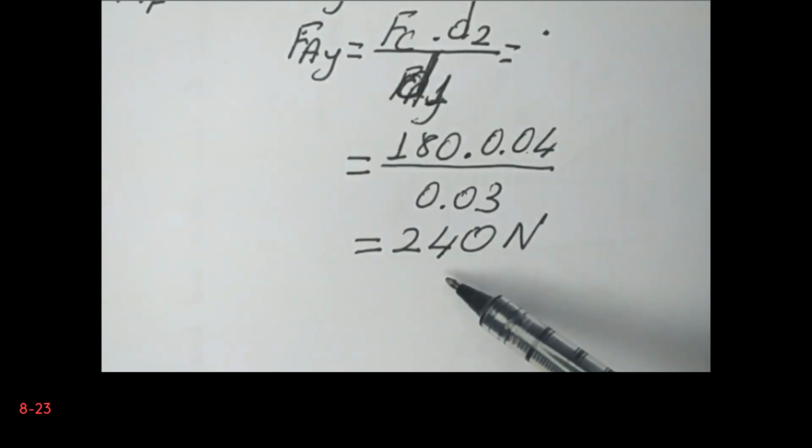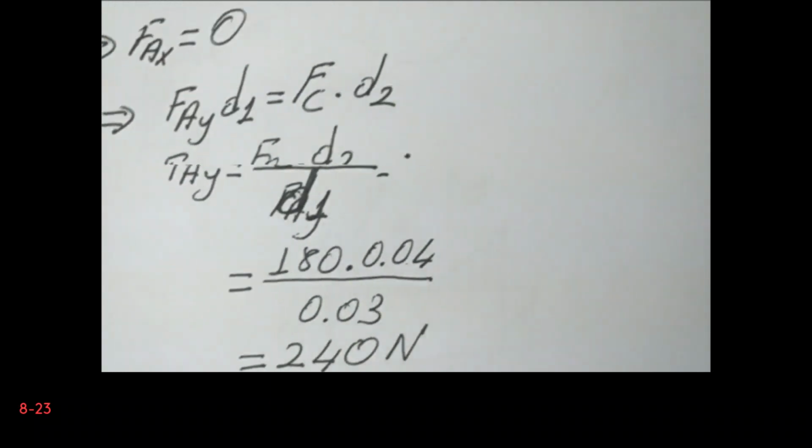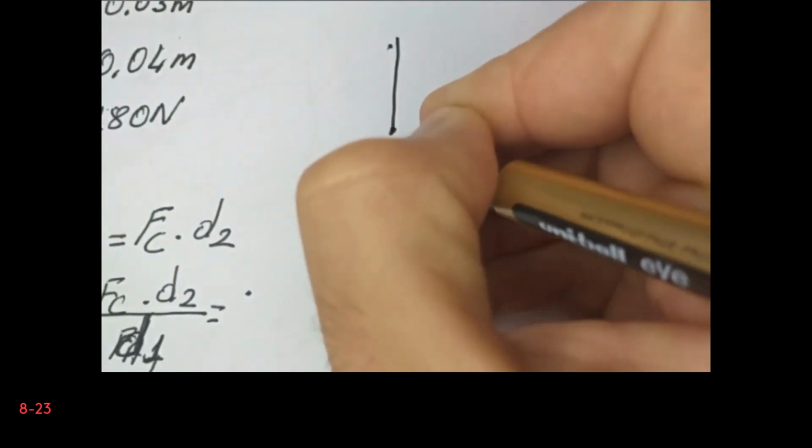Okay, we don't need to calculate the Ff. In fact, this means that if we draw the normal force diagram, we can easily see that at cross section AA, so this is point A, we have the Fay.